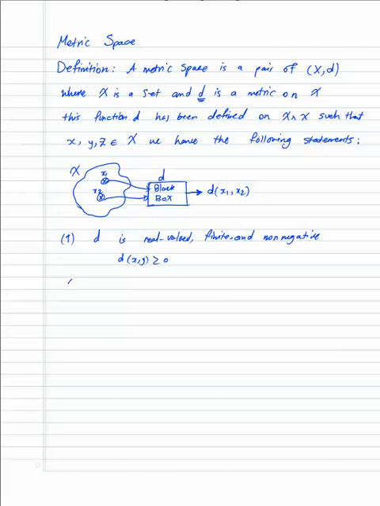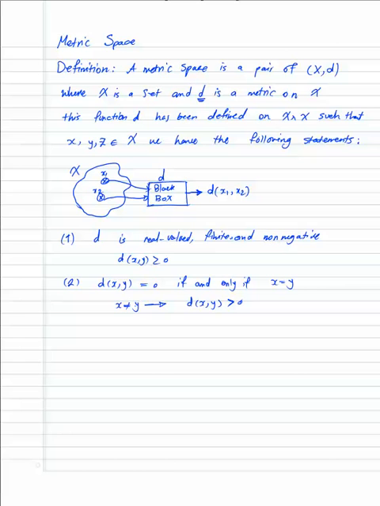The second one is d(x,y) equals 0 if and only if x equals y. It means that if x is not equal to y, then d(x,y) is greater than 0.